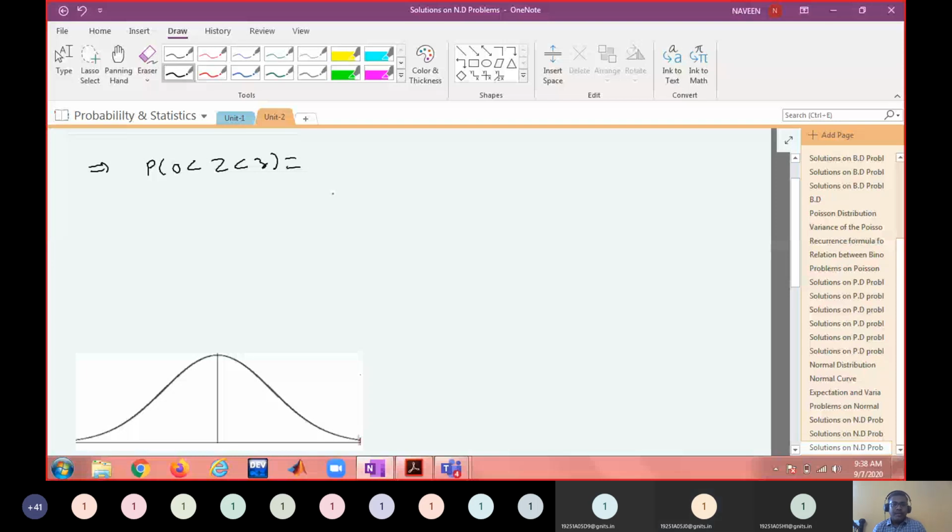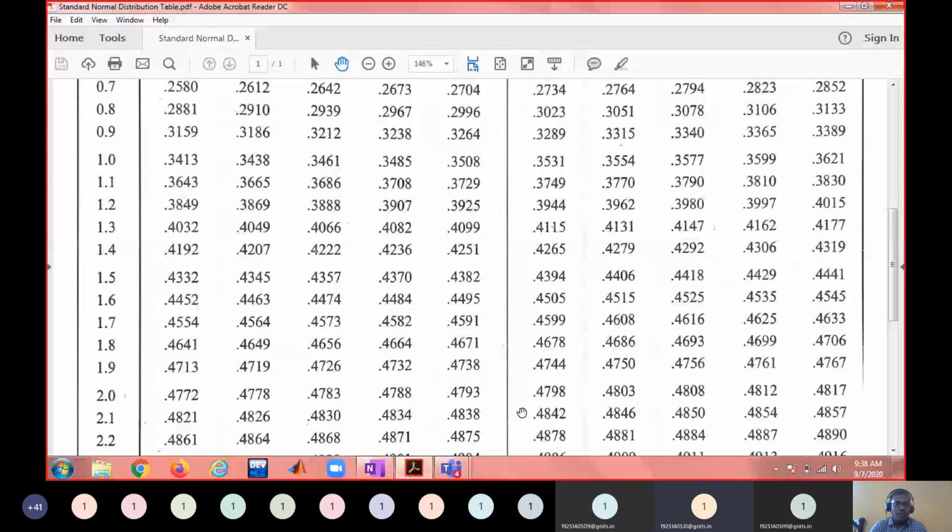So look at your distribution table for 4479. Where is this? Near 1.62, sir. You can see 4479 is exactly in between 4474 and 4484. Can you see that? Yes, sir. Because it is exactly in the middle of these two values, you have to take the average of the corresponding z values.